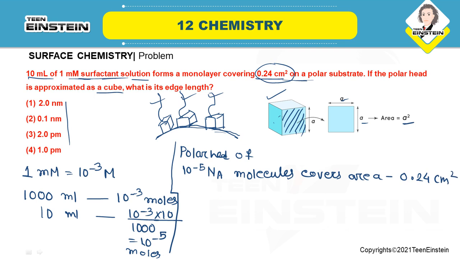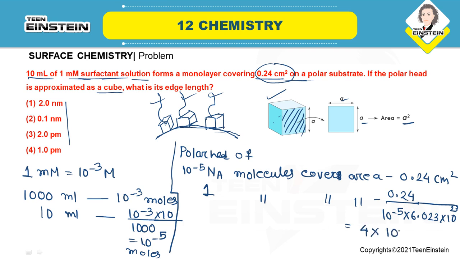Okay, so for one molecule, we have to find out the corresponding coverage. 0.24 divided by 10 to the power minus 5 times the Avogadro number value, which gives 4 into 10 to the power minus 20 centimeter square. Obviously the unit will be square.